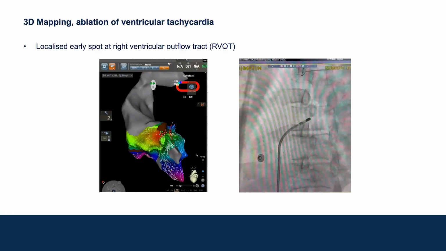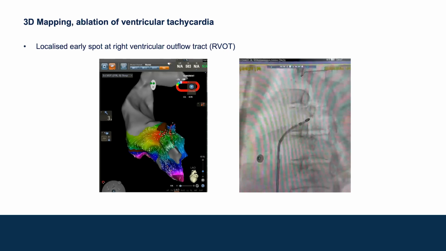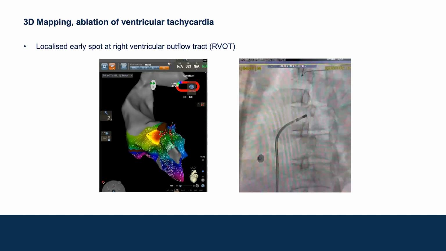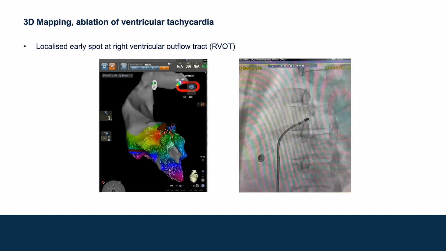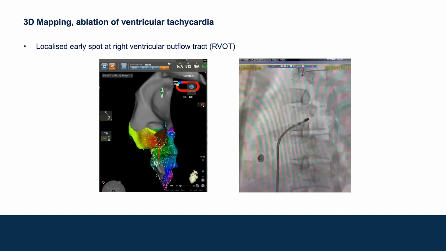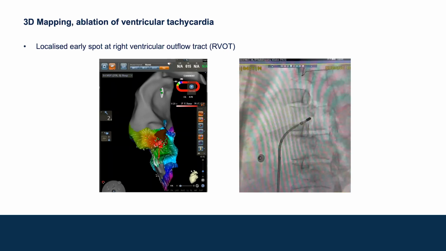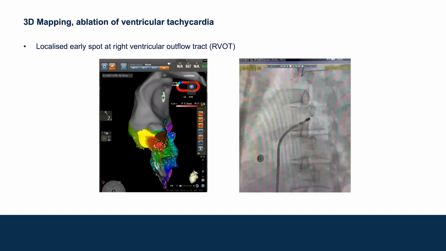For example, on the left panel, you can see a live mode of a 3D mapping of the arrhythmia. And if I can show you the spots, here are the spots of the focus. Can you see that? It's coming out from that spot. The red dot. The red dot, yes, correct.